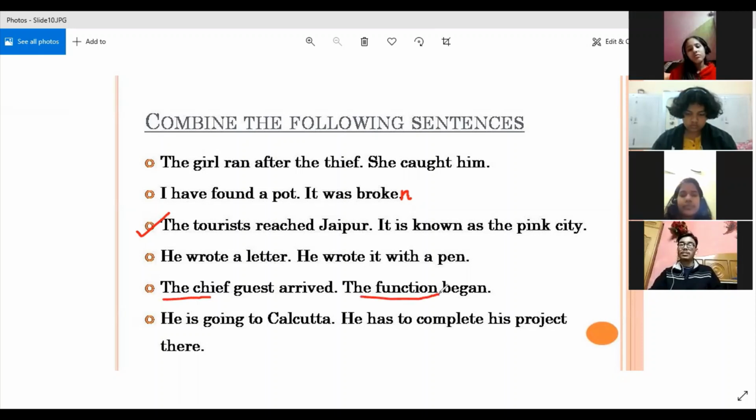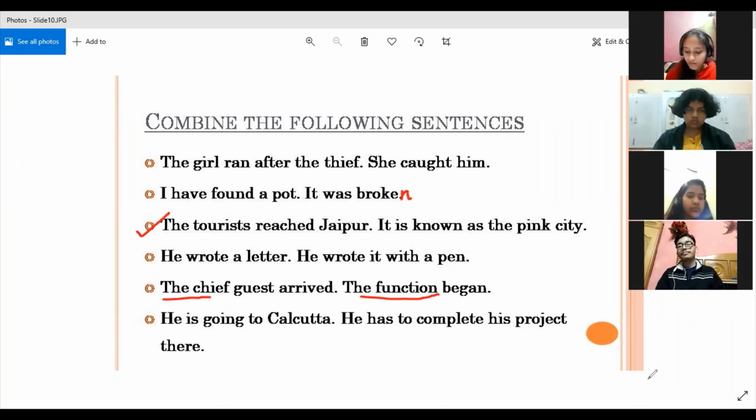Okay. So what was the rule when the subjects were different? You can use a participle over here. I'm giving you a hint. Yes, Divyanshi. The chief guest having arrived, the function began. Yes, the chief guest having arrived, the function began. The chief guest having arrived, comma, the function began, full stop.